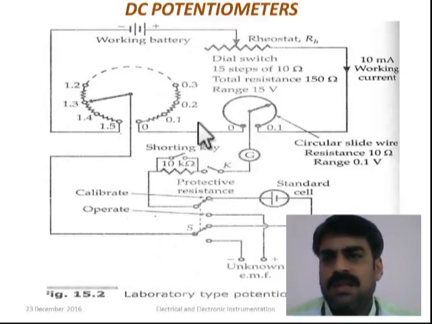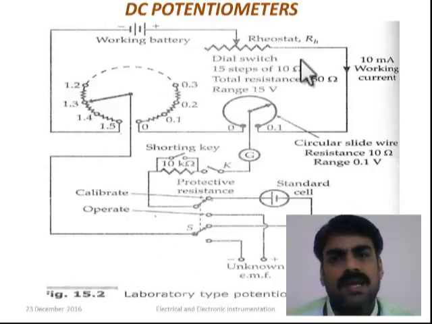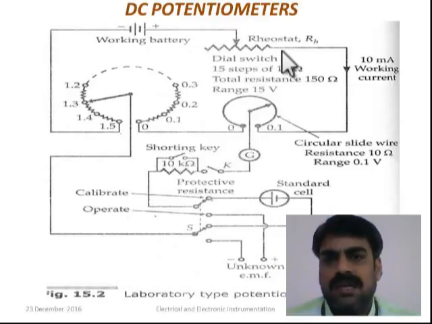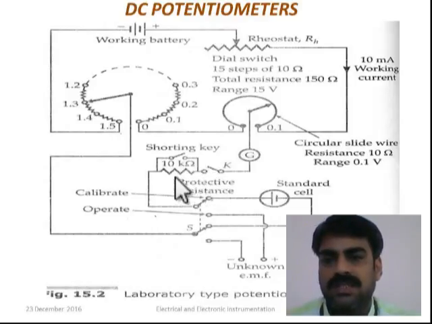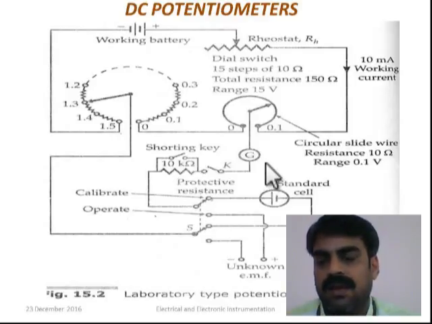Now let us see the other components present in this type of potentiometer. As in the basic arrangement, there is a rheostat. By adjusting this, we can fix the working current by doing standardization. Here there is a key, and in series with that there is a high value resistance. It will protect the galvanometer from high current, and there is a shorting key.